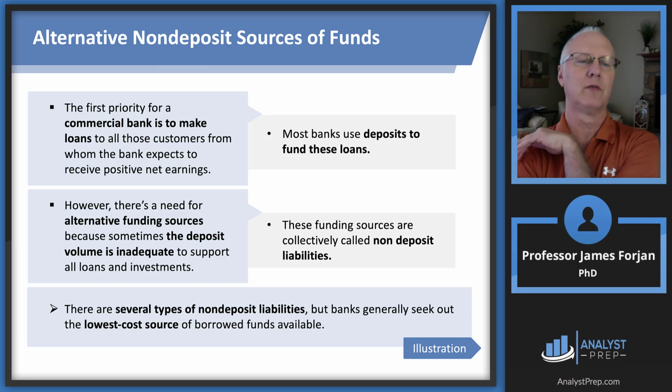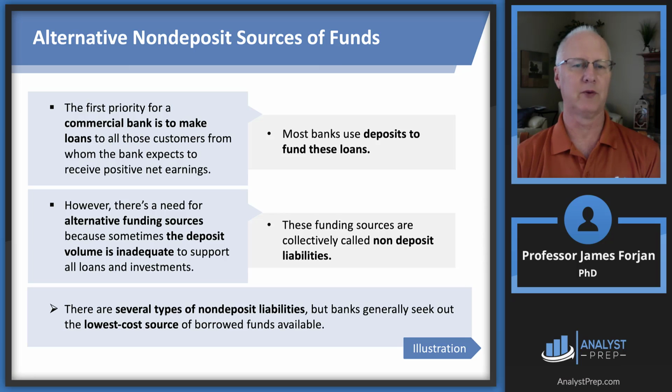So look at those couple of bullet points on the left. First priority is to make loans to all those customers from whom the bank expects to receive positive net earnings, right? Of course, that makes perfect sense. We accept deposits and then we make loans, and we're going to earn the spread on the difference between those rates plus some fees involved in there.